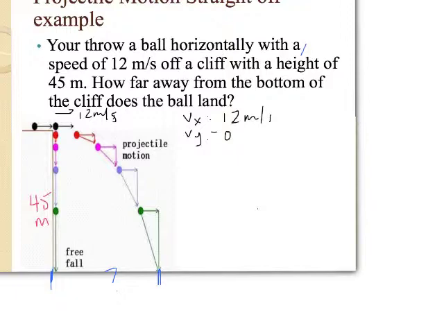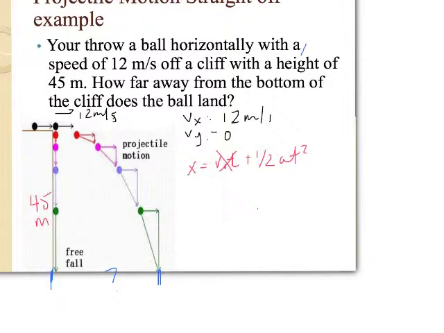So what we need to do is first find the one thing that ties vertical to horizontal, and that's time. Since we have an initial velocity for the vertical, and we have a height for the vertical, we can find time. So we're going to use this equation: x equals v0t plus 1/2 at squared. Now, our v0 in the vertical, if you see a in an equation, you better be working with a vertical velocity, is 0, which means this component doesn't matter.